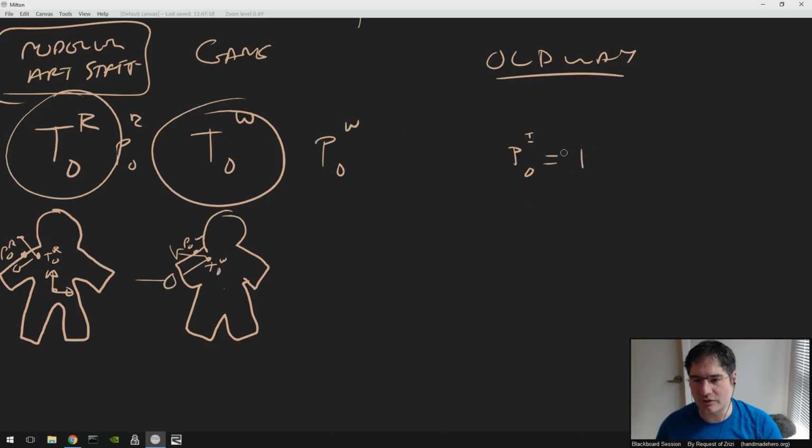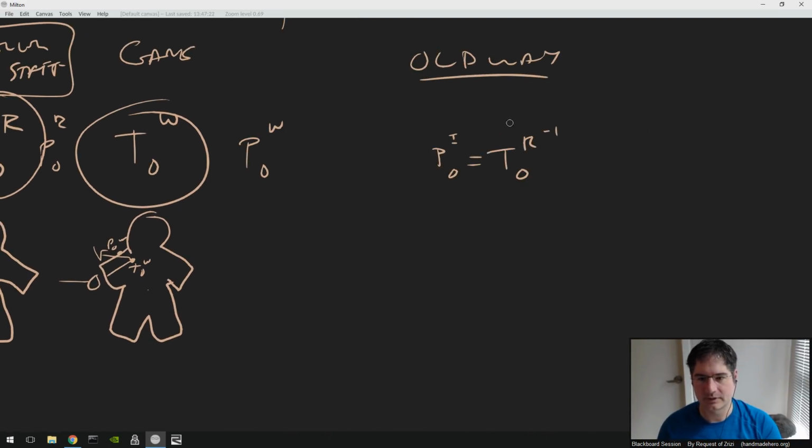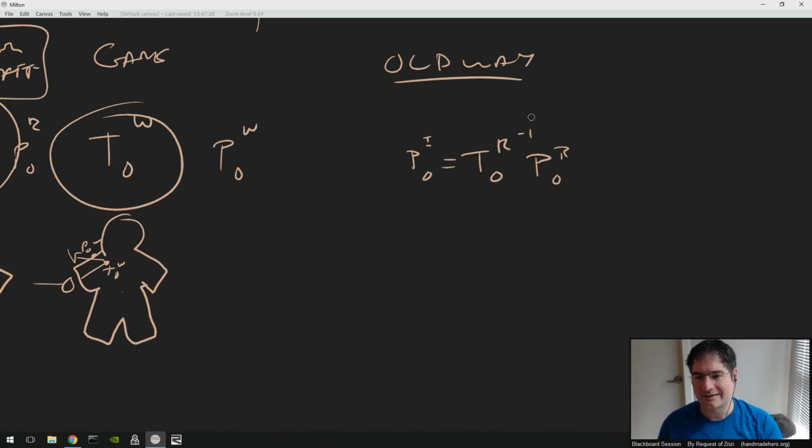And I stored the inverse of the rest matrix times that input P. So P0 in the rest pose times T0 in the rest pose's inverse gives me this interim value, PTI. And we could call it other things, maybe PT local.